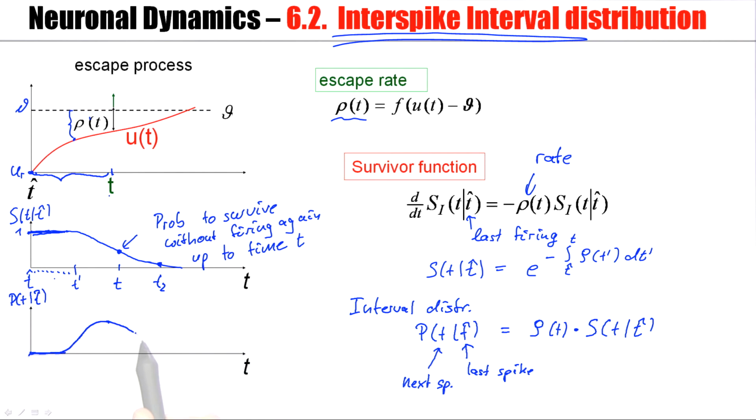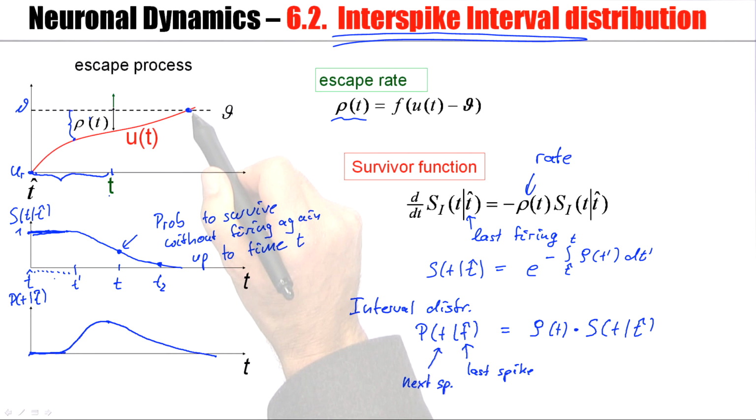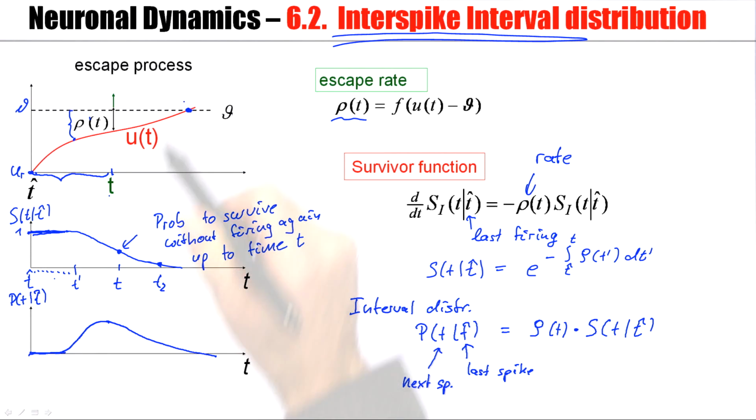Therefore, the interval distribution goes already down again. So it's not true that the maximum of the interval distribution would lie at the crossing point of the deterministic potential. No, it's absolutely possible that the maximum lies well before.